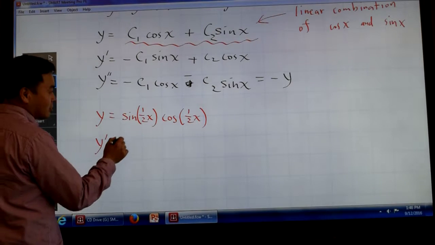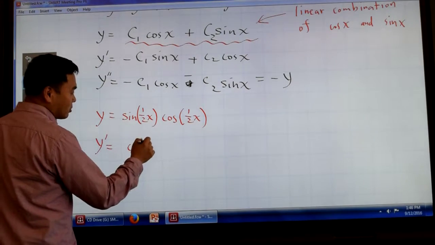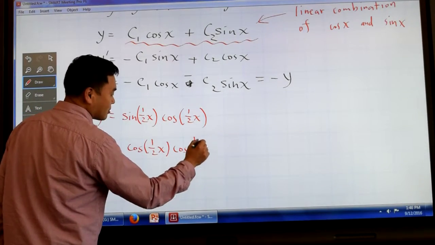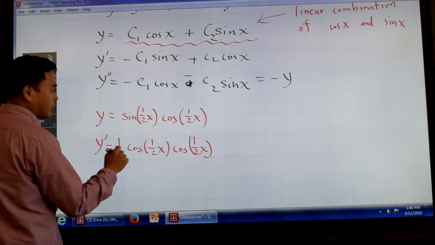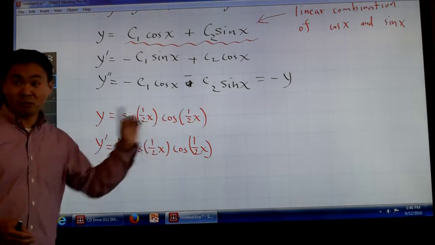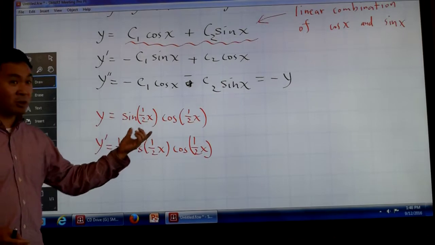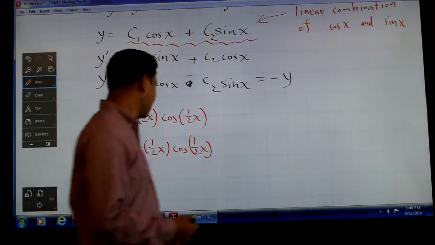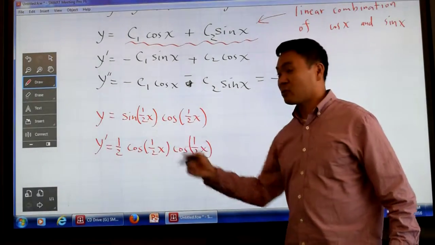Okay, so y prime is cosine 1/2 x, cosine 1/2 x times 1/2. I'm differentiating the first one. It's a product of two functions, so I have to differentiate one, leave the other, and then differentiate the other, leaving the first, right? So that's what I got when differentiating the first one.